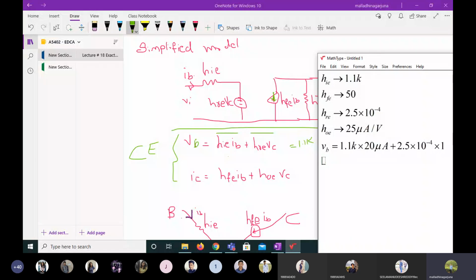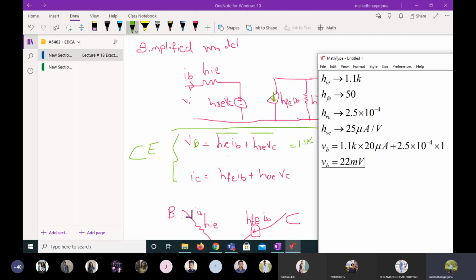Now what will VB be? 1.1 K into 20 micro: 1.1 into 20 becomes 22, and K and micro give milli, so 22 millivolts.